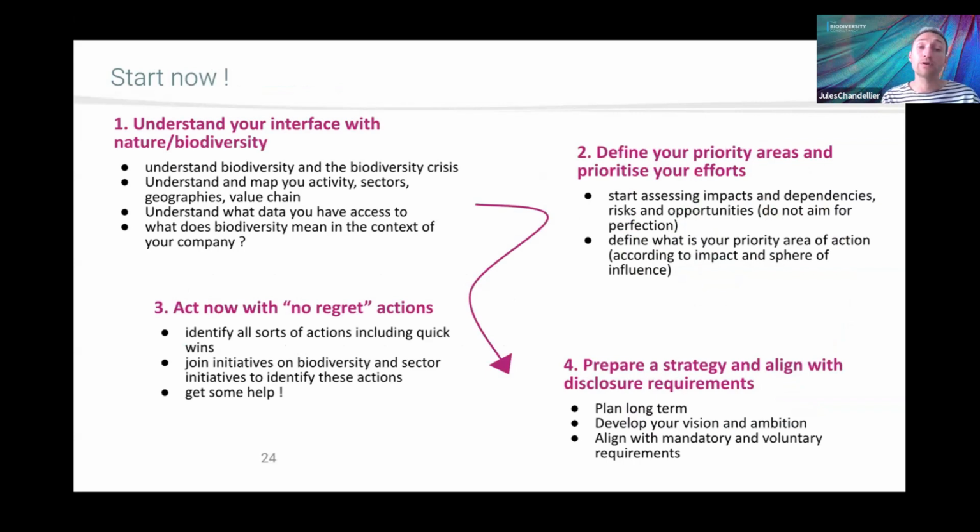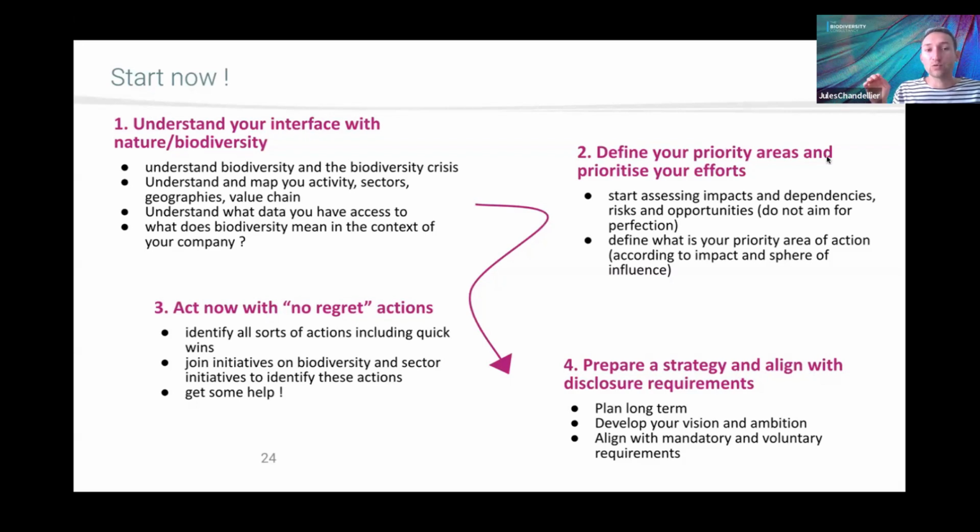I think that if I were in that position, I would really start by understanding the interface of my business with nature and biodiversity. That start is understanding what biodiversity itself is, what the biodiversity crisis is, as Marie-Anne just presented to us, but also having a very good understanding of what my activity is and mapping my business to understand all the sectors that are linked to my business in my value chain.